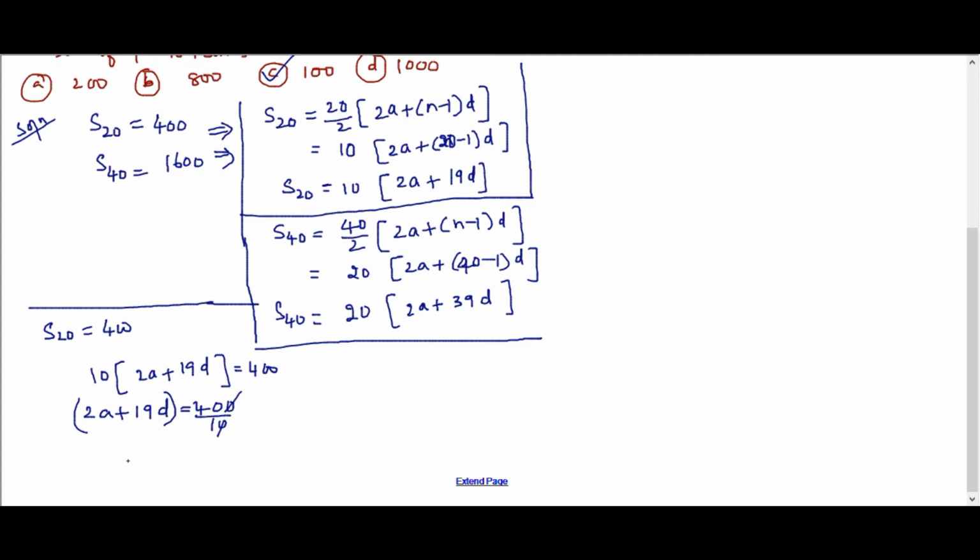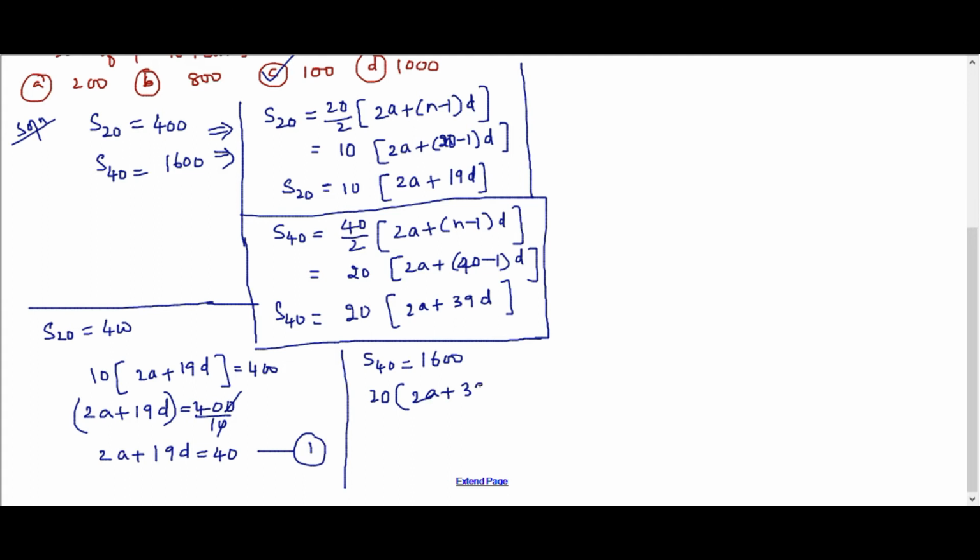Then it gets cancelled. You will get 2a plus 19d equals 40. This is my first equation. Let's see the second one. S40 equals 1600. So 20 times 2a plus 39d equals 1600.